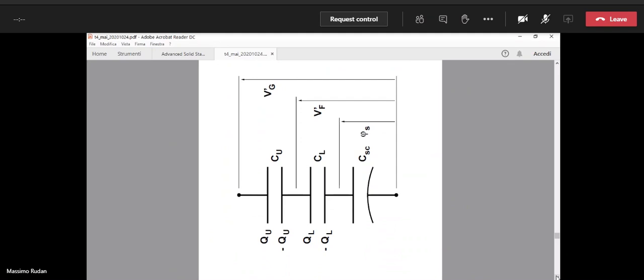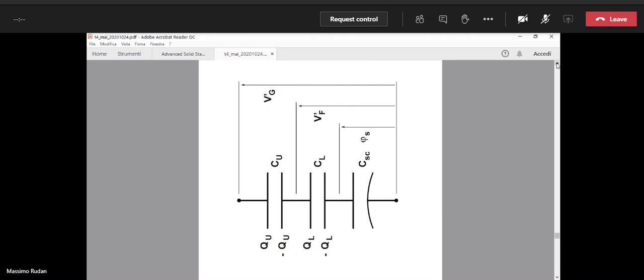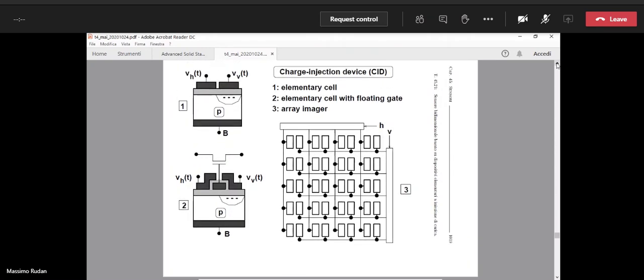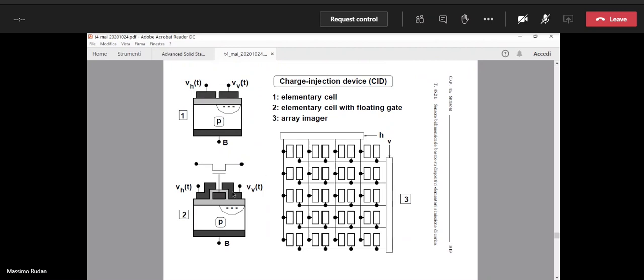What is the working operation of a floating gate? Okay, it is easily understood because consider only for a second the gate on the right. We have a gate with some voltage applied to it. Then we have an oxide layer between the upper gate and the floating gate.